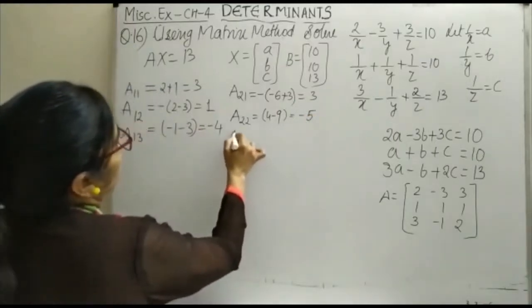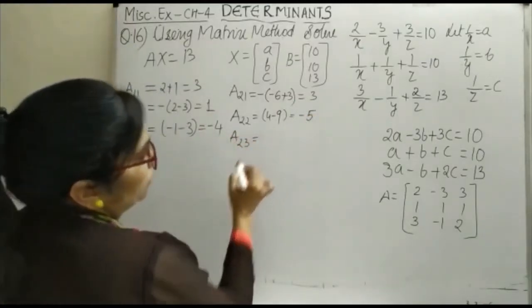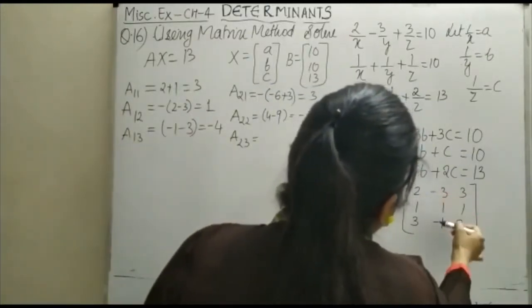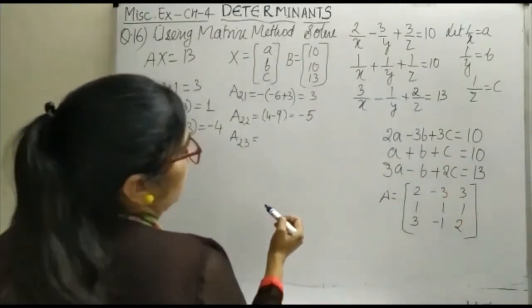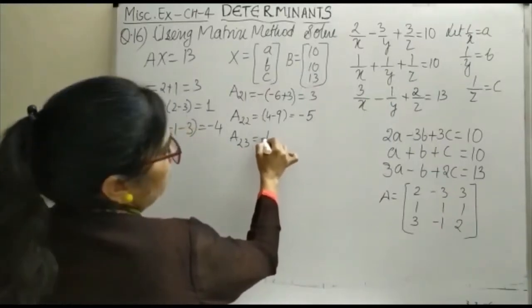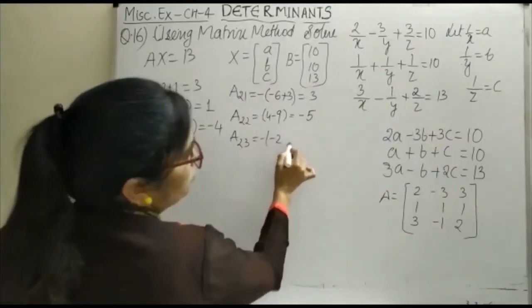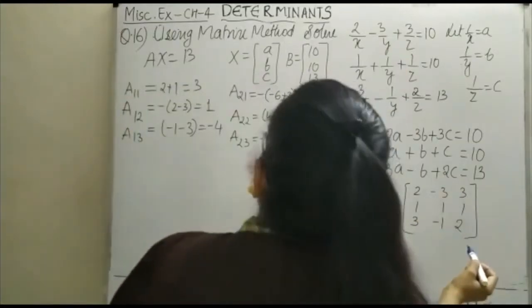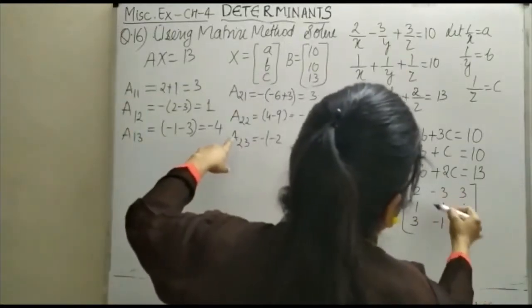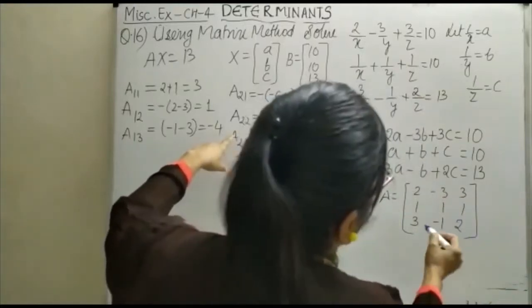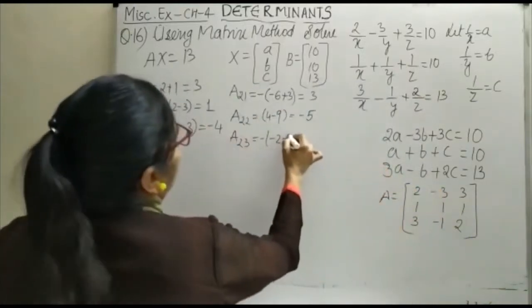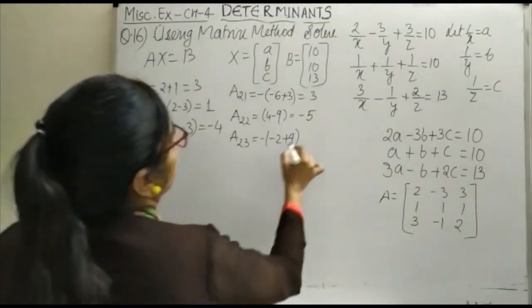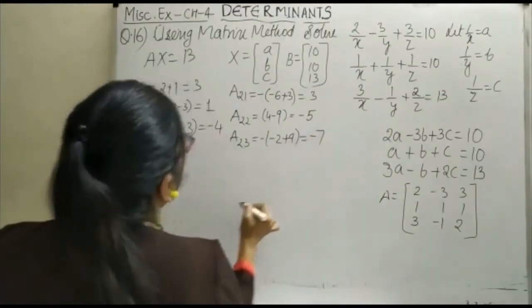Then A23: exempting the middle row and third column, 2 into minus 1, we keep one minus here, minus 2 plus 9, so 9 minus 2 is 7, and this is minus 7.